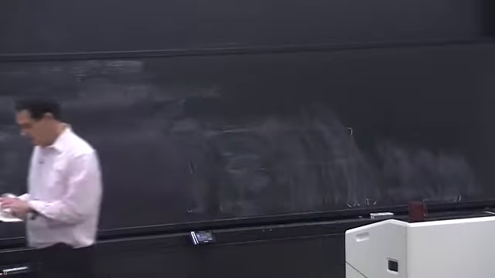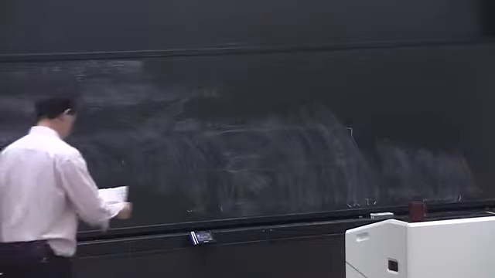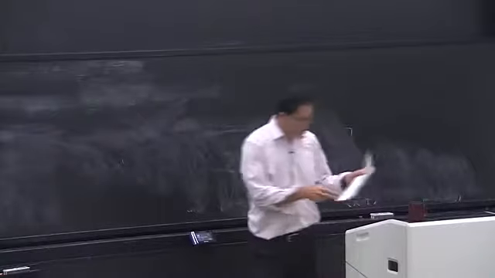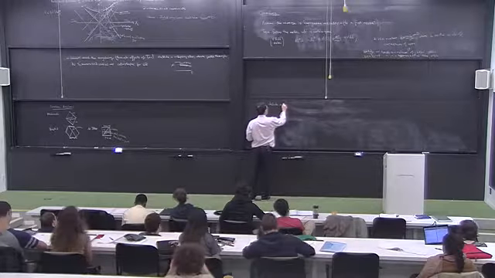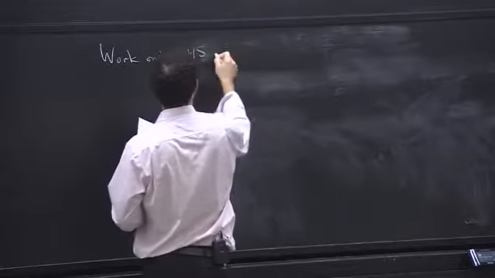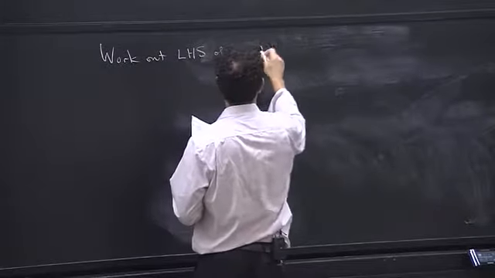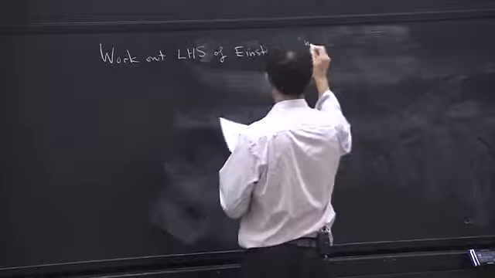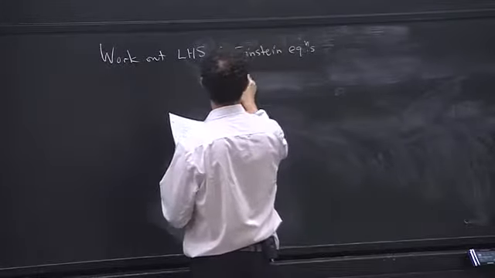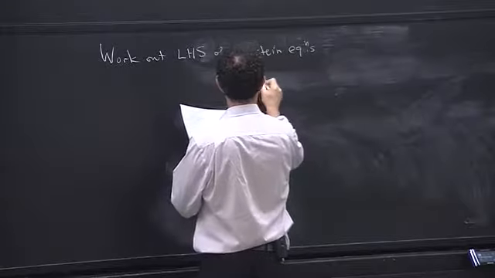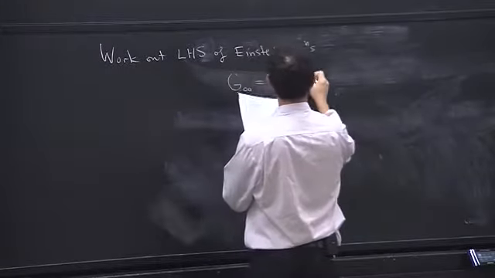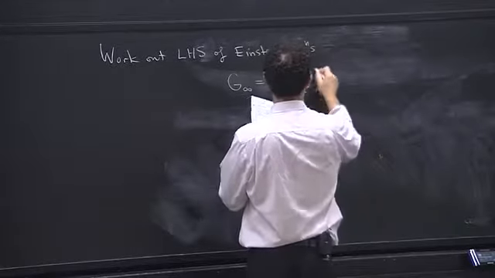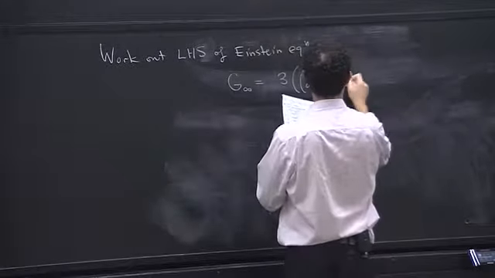So now we can work out the Einstein equations. I need these formulae. First, we can work out the left-hand side of the Einstein equations just by calculating the Einstein tensor. G00 turns out to be 3 times a dot over a squared plus k over a squared.